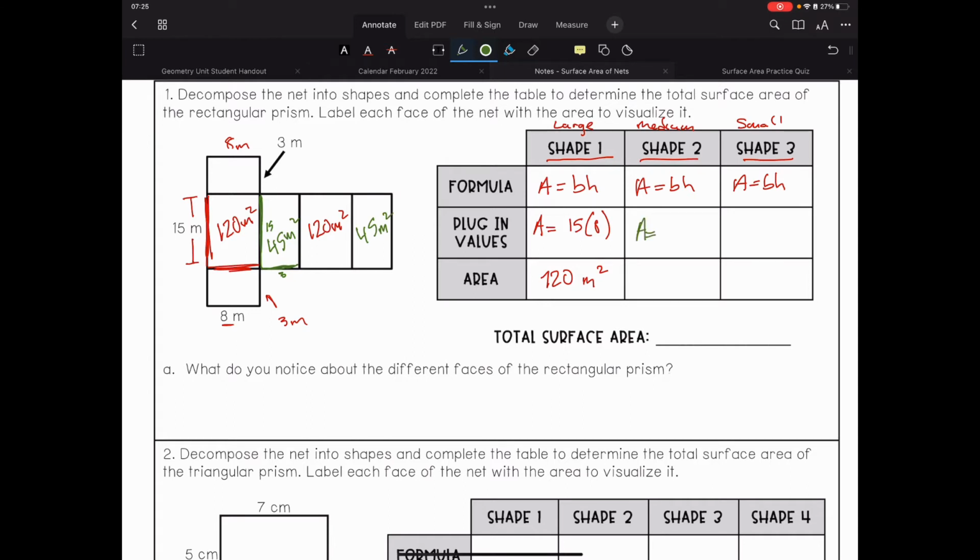So area equals 15 times 3. When I plug in my values, that's 45 meters squared. And then finally, we have the smaller rectangles, and they have dimensions of 8 and 3, which means they are 24 meters squared.